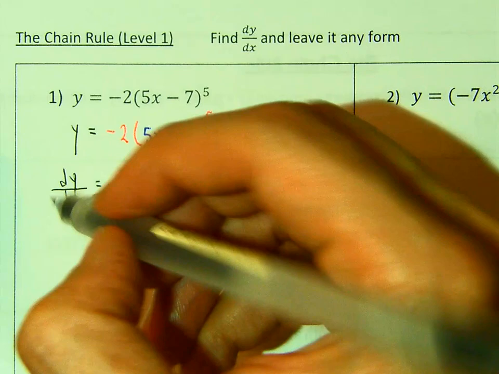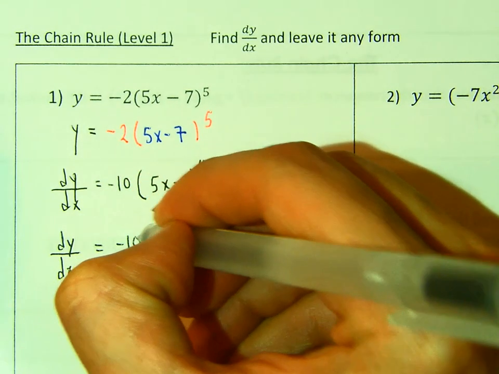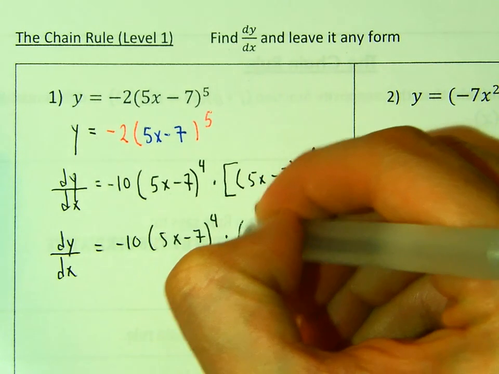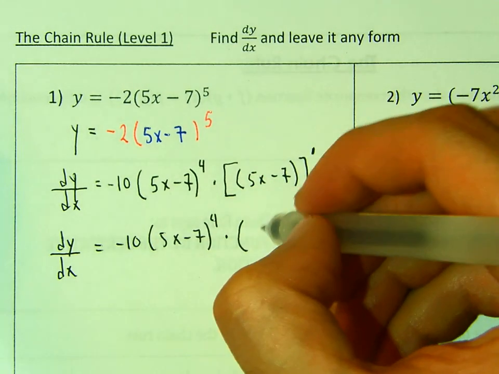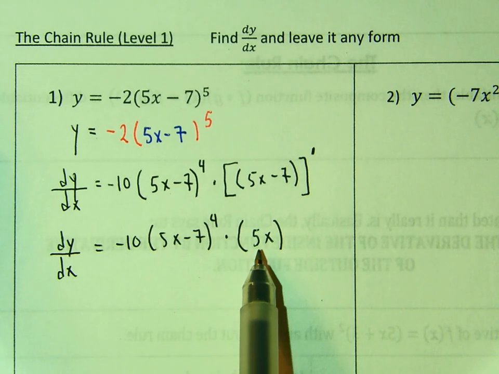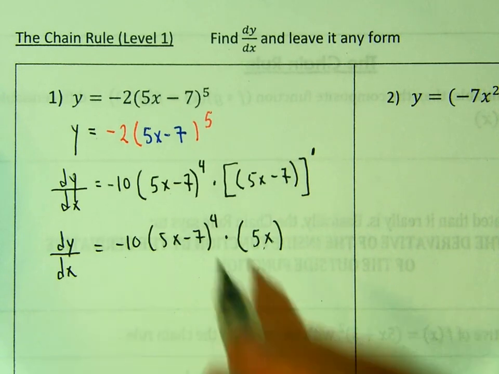So now here, this stays the same. Times, well, what's the derivative of 5x minus 7? It's just 5. And notice what we're going to do: we're going to bring this over here because we're just going to multiply the negative 10 to this.